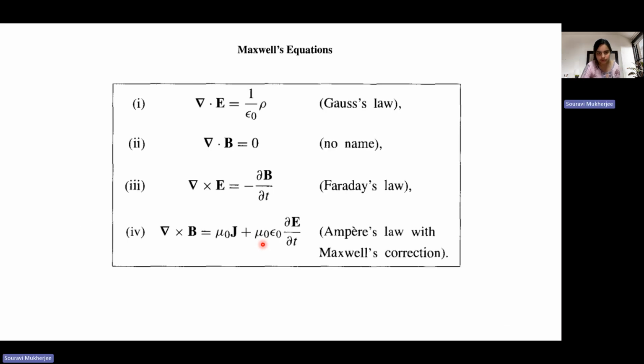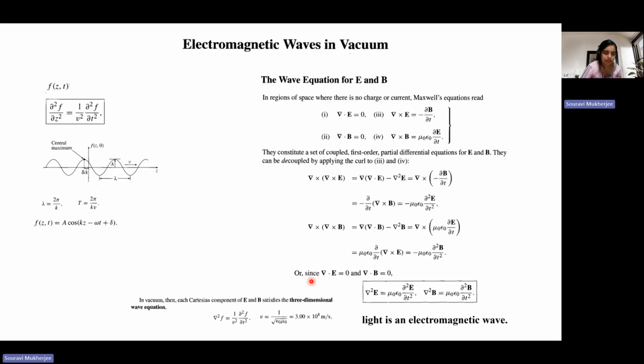Now, these four equations that we just derived and discussed lie at the heart of how electromagnetic waves work, or how electric and magnetic fields are connected to each other. So now if we talk about electromagnetic waves in vacuum, first of all, what is a wave? A wave is some function which changes with position and time.